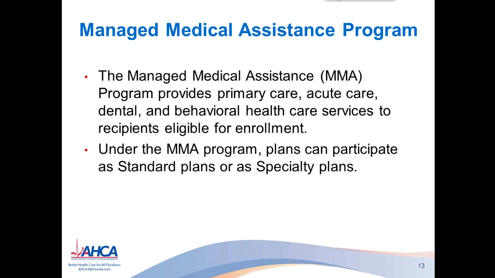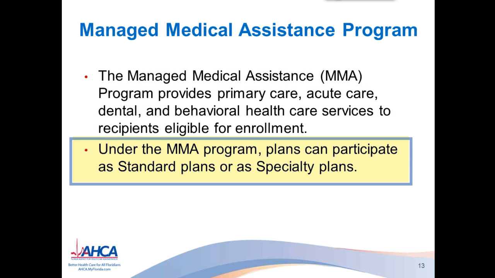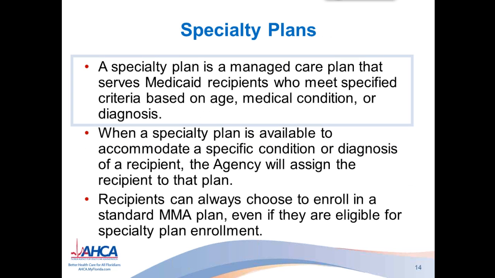The Managed Medical Assistance Program provides primary care, acute care, dental, and behavioral health care services to recipients eligible for enrollment. Under the MMA program, plans can participate as standard plans or as specialty plans. A specialty plan is a managed care plan that serves Medicaid recipients who meet specified criteria based on age, medical condition, or diagnosis.